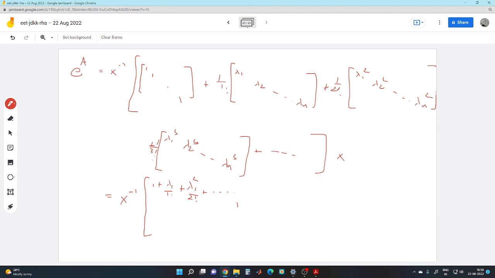The second term will be 1 plus lambda 2 by 1 factorial plus lambda 2 square by 2 factorial, and so on up to 1 plus lambda n by 1 factorial plus lambda n square by 2 factorial, and that series, and the other side is X. So if we see, this is the expansion of e raised to power lambda 1, e raised to power lambda 2, e raised to power lambda n.